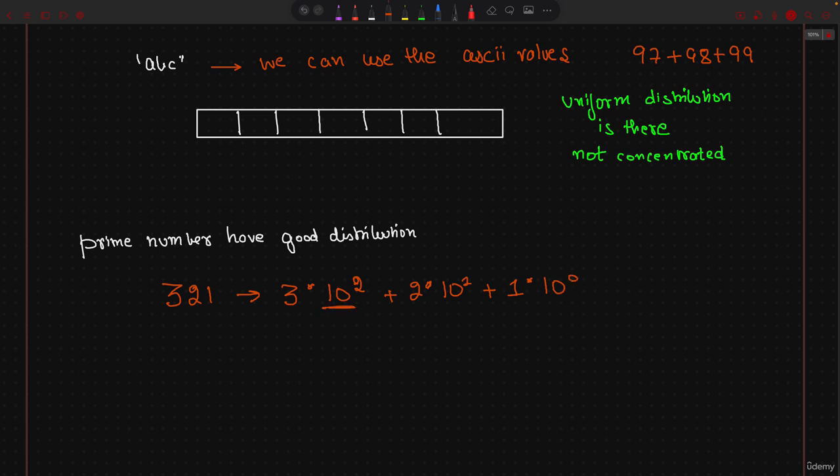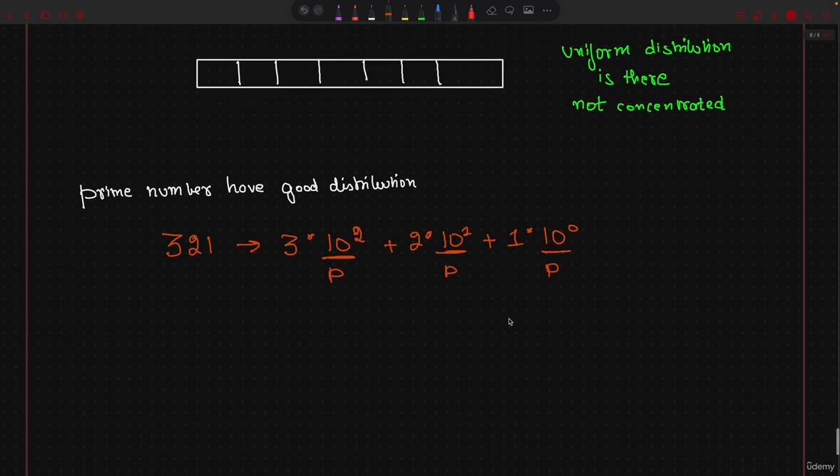Now what I do is I take a prime number instead of 10. They are just written as powers. So tomorrow if I'm getting ABC, I can say the value of A into some p squared plus B into p, something like this.